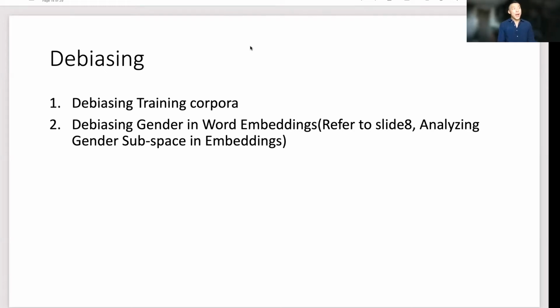So there are two kinds. The second kind we already talked about briefly. So we can de-bias the word embeddings themselves after you already trained the word embeddings. But you can also de-bias on the training corpora as well.